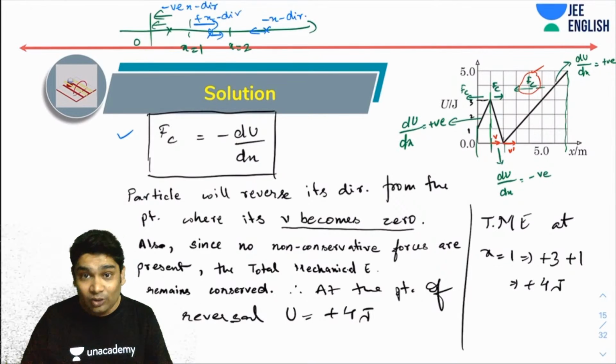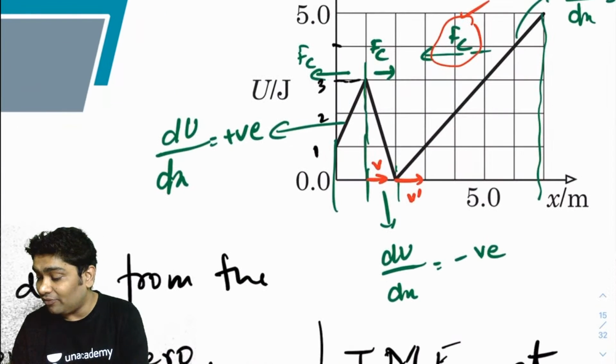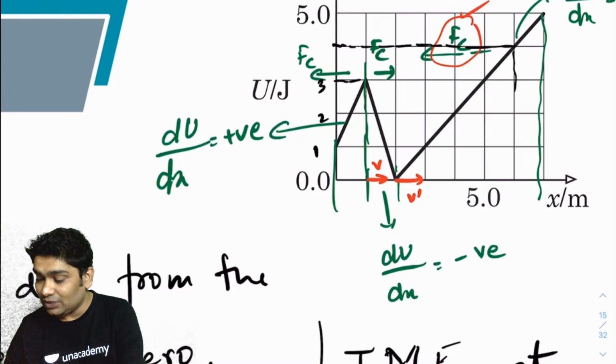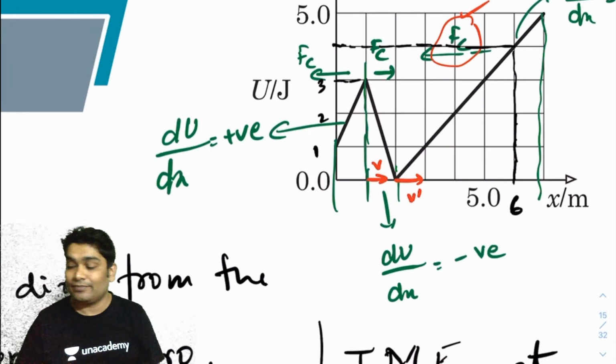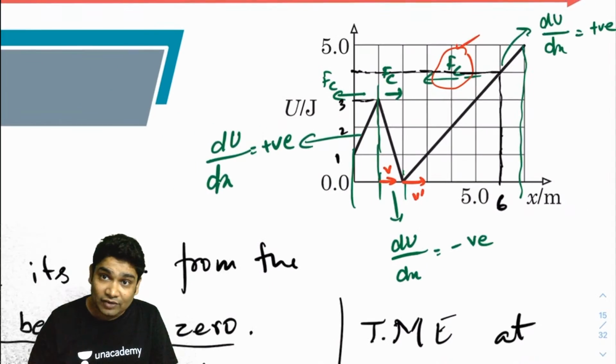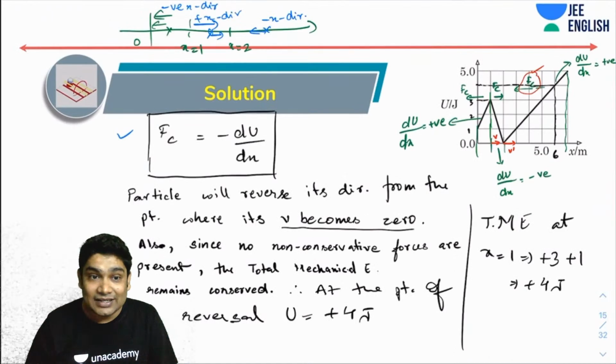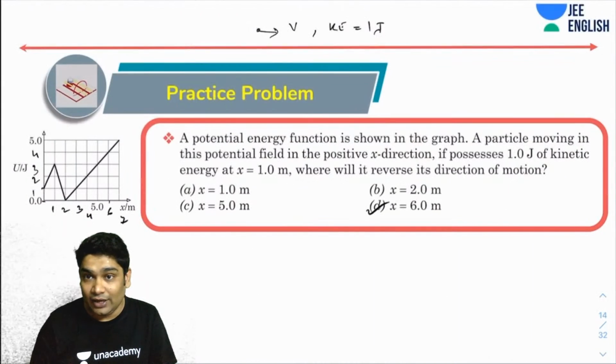Right. Now look at the graph. U should be 4, and it becomes 4 here. So the corresponding value of x is 6. So here the entire kinetic energy would have converted into potential and it would have come to rest, and from here it would have come back. So the answer was x equals 6. Got it?